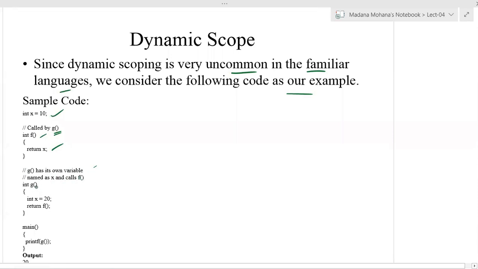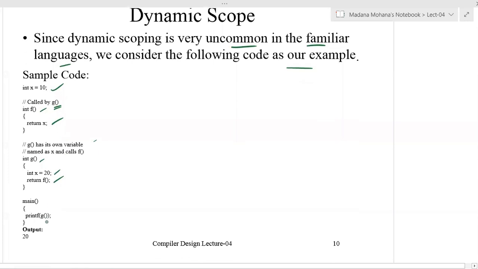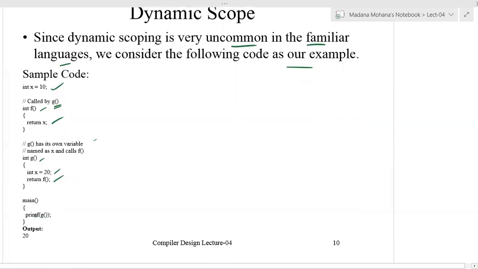The G function is defined as int G, where x equal to 20 is declared, then it returns f, called from the above function. Then the main function prints f of g. First it calls the G function, then it takes f of that function value.